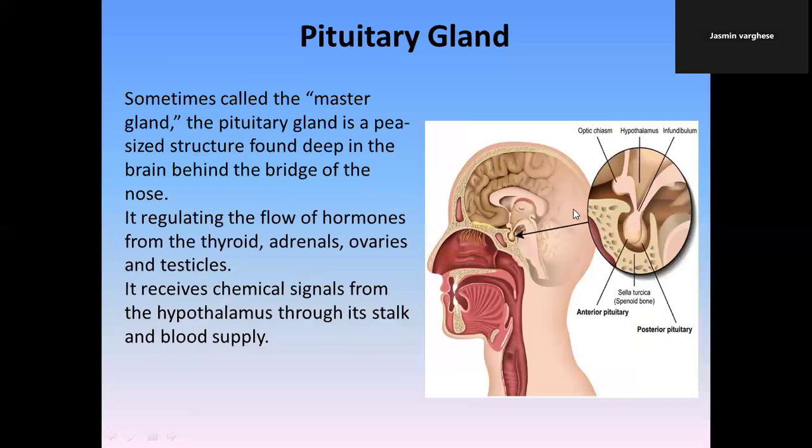Now we will see pituitary gland. That is another part of our brain, sometimes called the master gland. The pituitary gland is a pea-sized structure found deep in the brain behind the bridge of the nose. It regulates the flow of hormones from thyroid, adrenals, ovaries, and testicles.